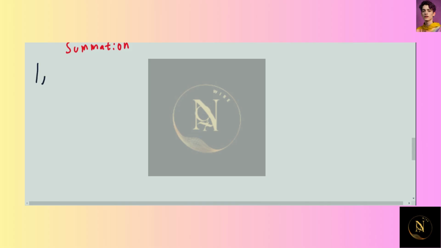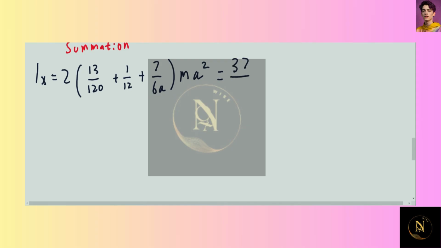The x component of that moment of inertia, we can write as 2 times 13 over 120 plus 1 over 12 plus 7 over 6a times m times a squared. And then we can write it as 37 over 60 times m times a squared.